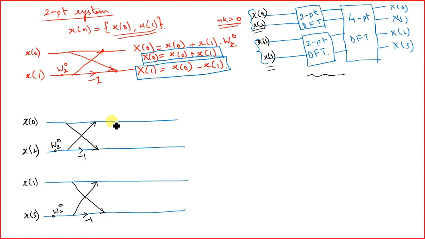So what would be the output over here? In this case, say I am naming it as A. A would be x0 plus x2, right? Because we have already seen it over here. X0 plus x1 is over here, but in this case we are taking these two inputs, so x0 plus x2. Similarly, B would be x0 minus x2.